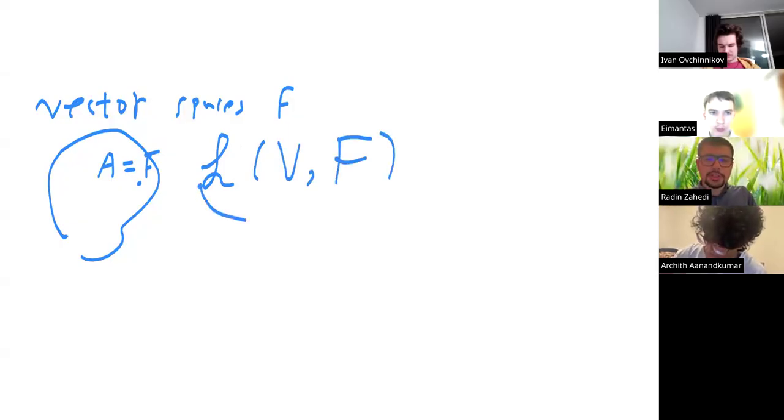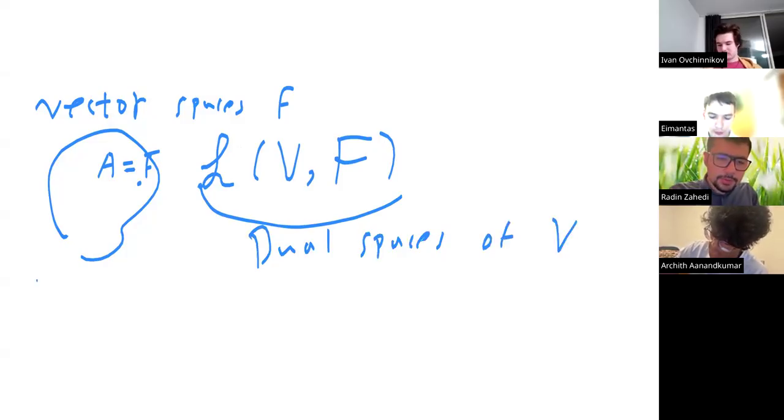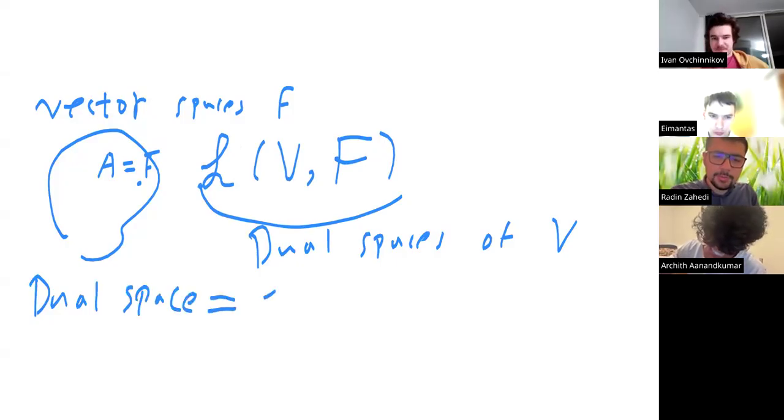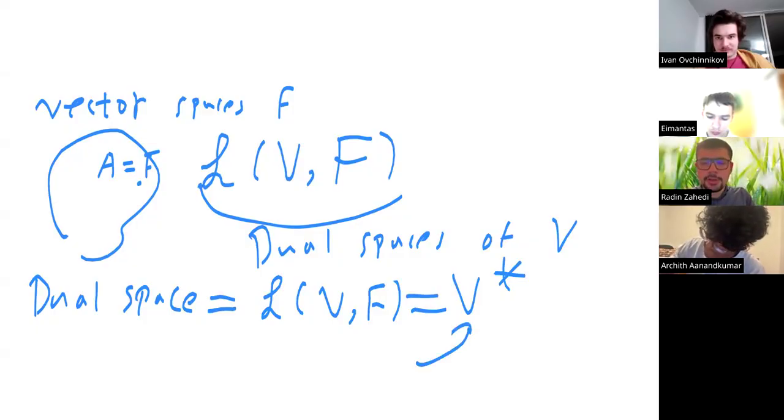These notions turn out to be very important and exciting, so we give this structure a name: the dual space of V. That is, the dual space is just the list of linear functions from V to F, and we denote it by V star. We call the elements of V star linear functionals.